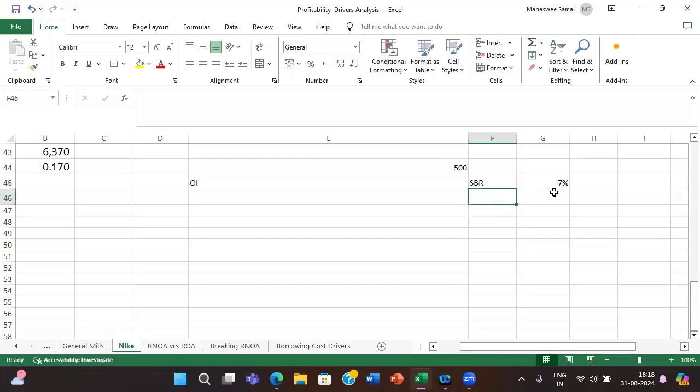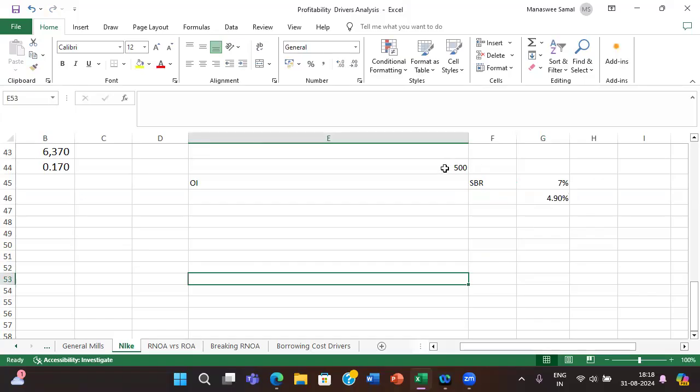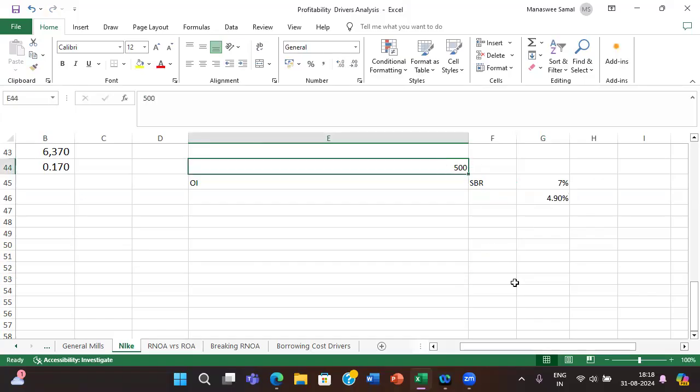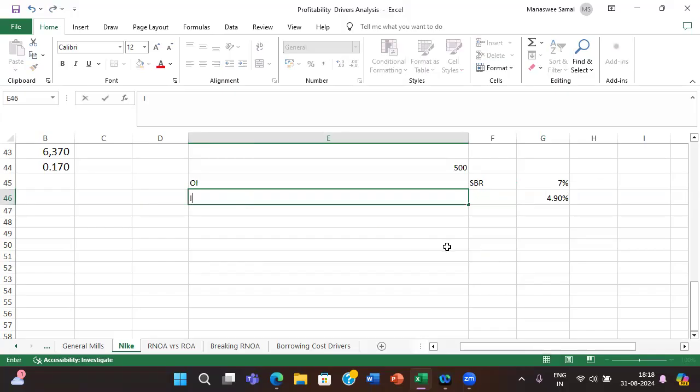So after tax, the rate is, say, in this case, 4.9%, isn't it? If that's the case, then obviously, if I'm using an average operating liability of 500 crores, the implicit cost of using this 500 crores will be equal to operating liability into the SBR, that is the short-term borrowing rate after tax.